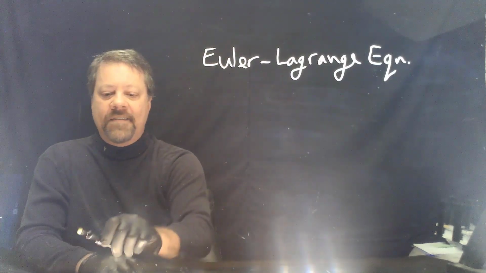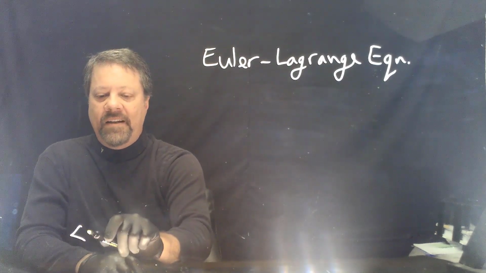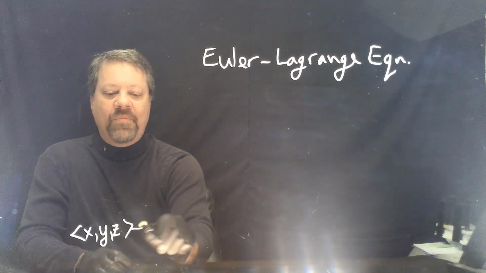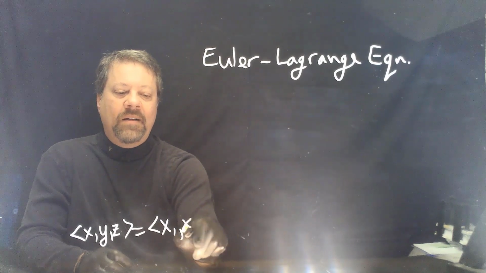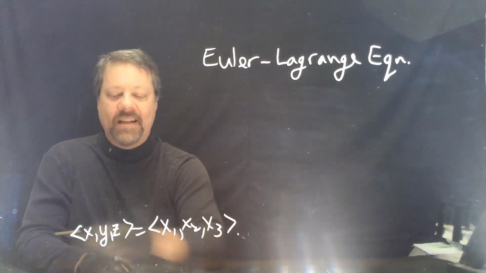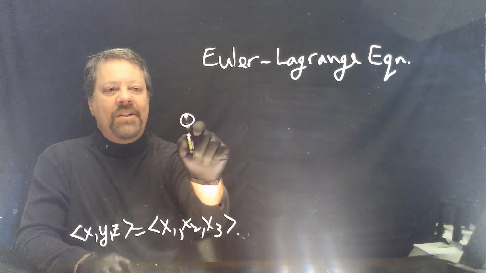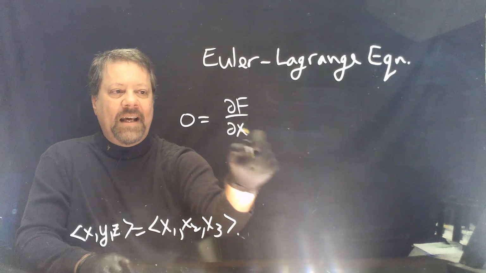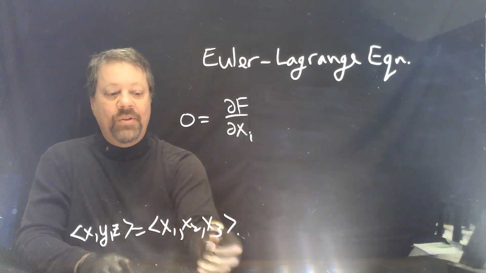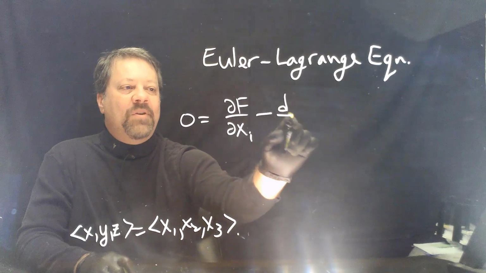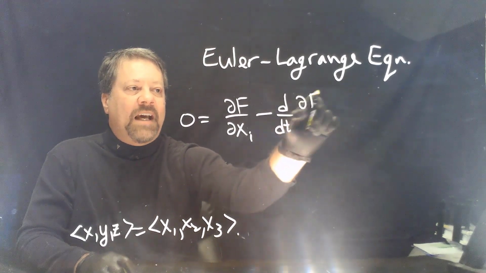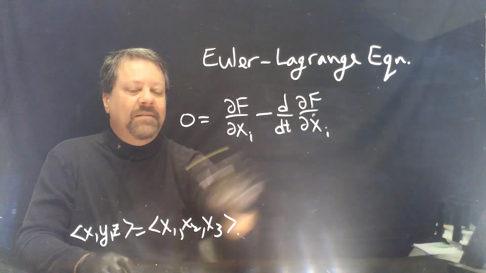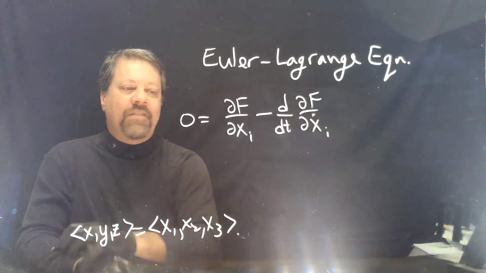For reasons of simplicity, if we use x1, x2, x3 instead of x, y, and z, the equation that we'll get is df dxi, i being 1, 2, or 3, minus the time derivative of df dxi dot, one of the dots of these other variables.